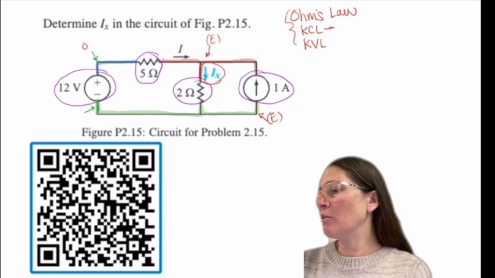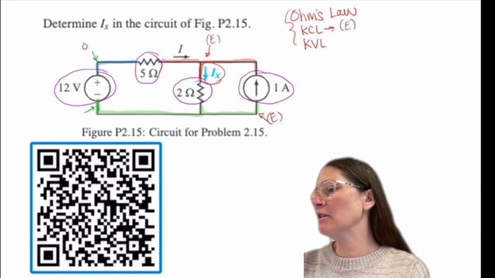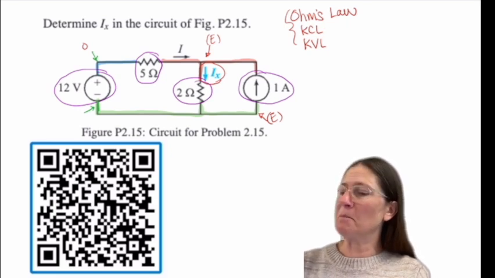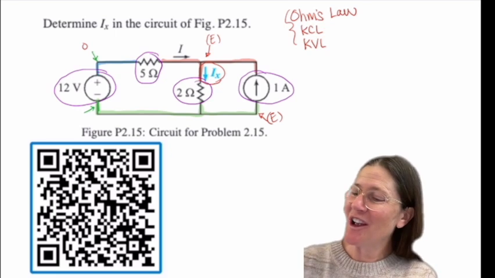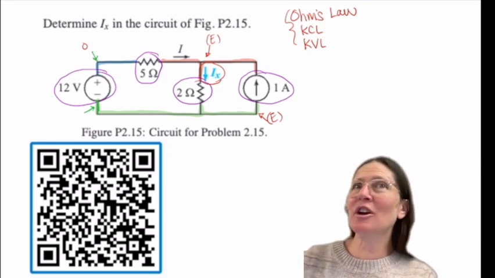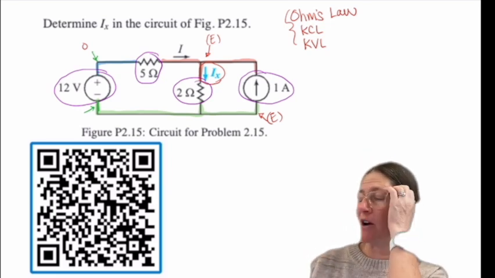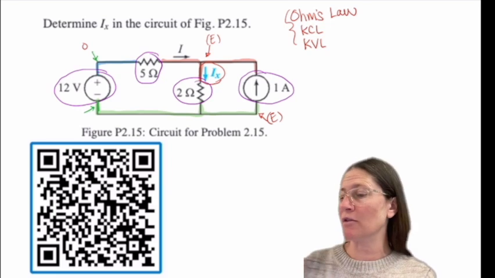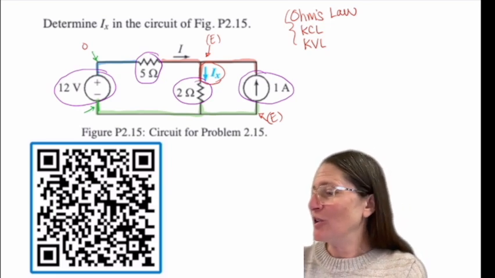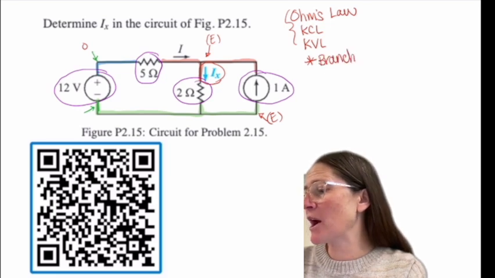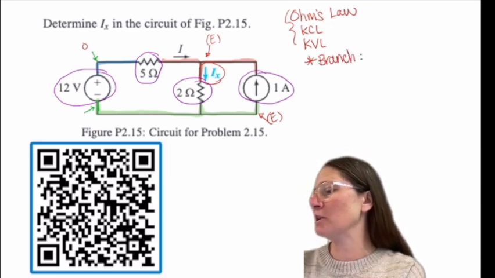I'll back up. In an ordinary node, what does that mean? The other thing you have to identify are loops and branches. First is a branch. The thing to remember about a branch: how many currents can you have in a branch?